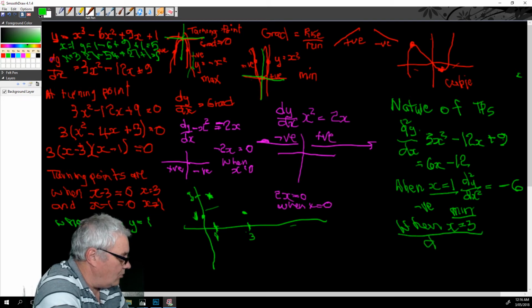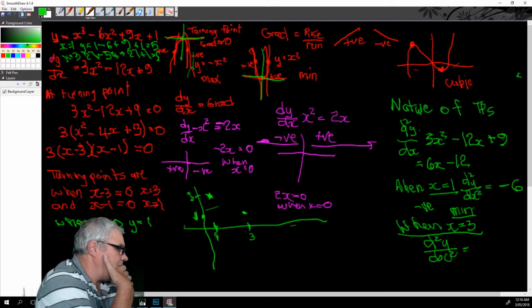And when x equals 3, d2y by dx squared will equal 3 6s are 18, minus 12 will equal 6. It's positive.